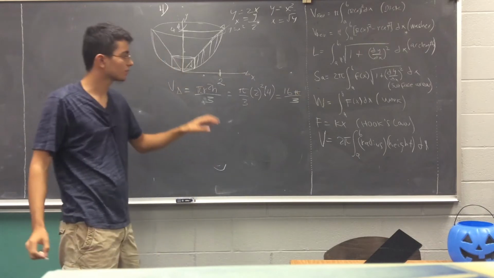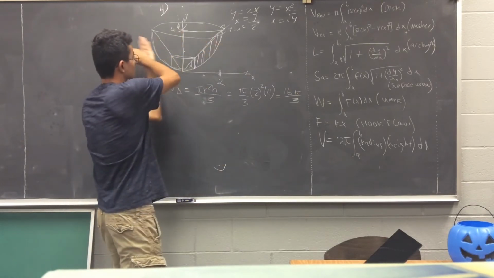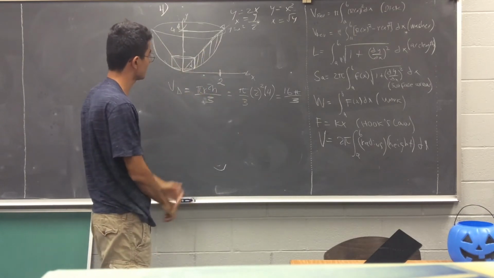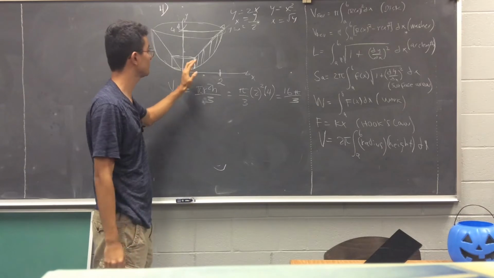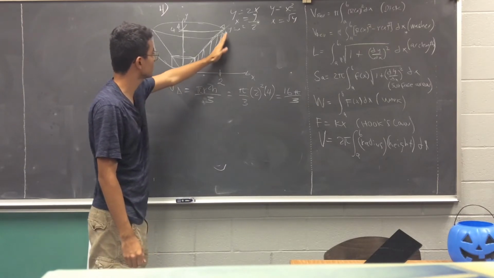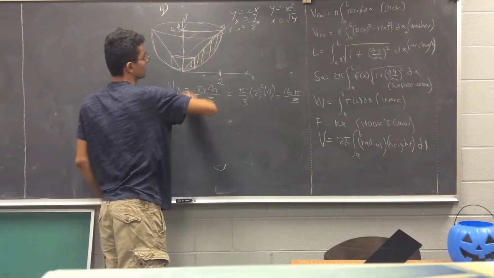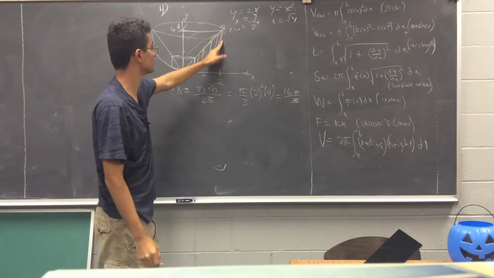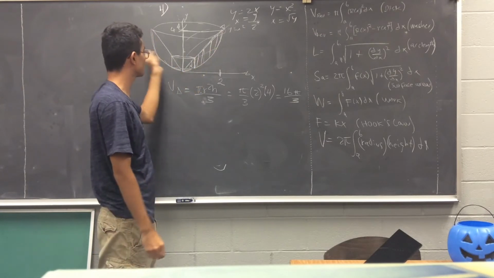But now, we're not trying to find the volume of the cone. We're trying to find the volume of this area when it is revolved. So essentially, one thing you could do is use the disk method to find the volume when you revolve this entire area. So you're only going to be using one function, this function over here, y equals x squared. And you're going to find the volume.